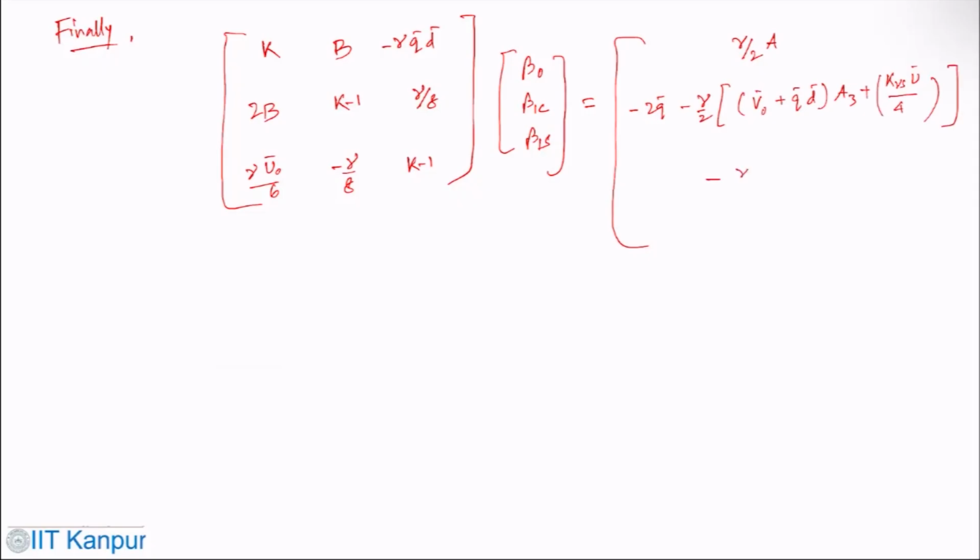Then we have minus gamma by 8 Q bar. So we get a matrix for this.